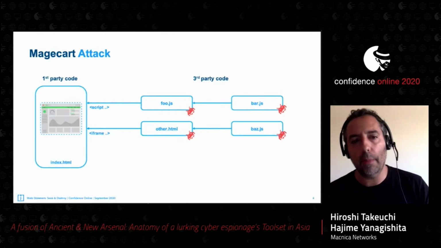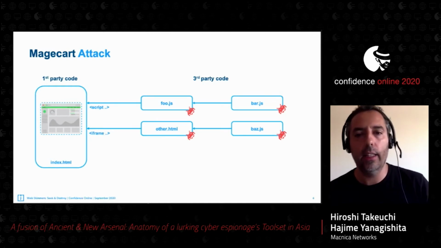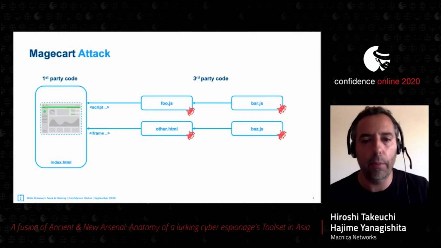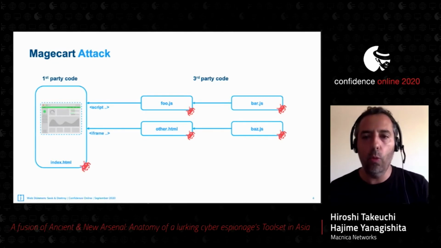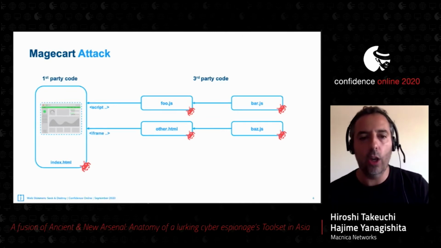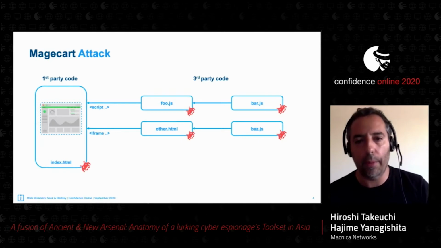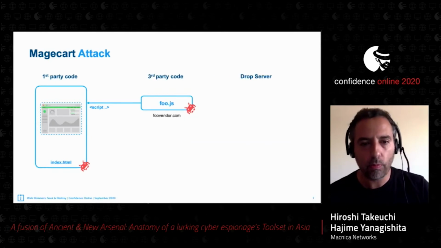They target payment forms and they exfiltrate the data that the user inserts in the payment form, namely the credit card information. So when one of these gets compromised, the whole environment, the whole browser and application, provided that it's running in the same execution context, gets compromised as well.